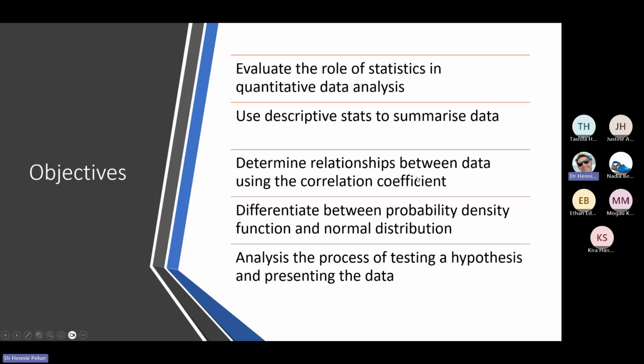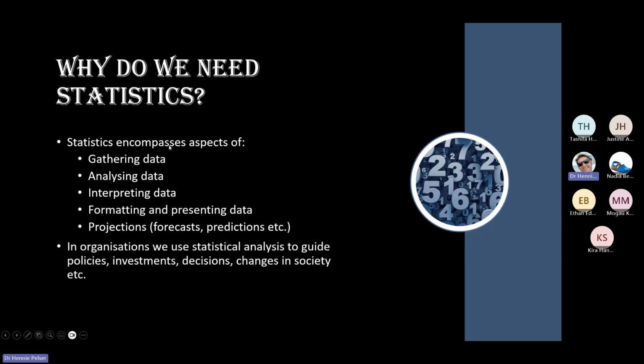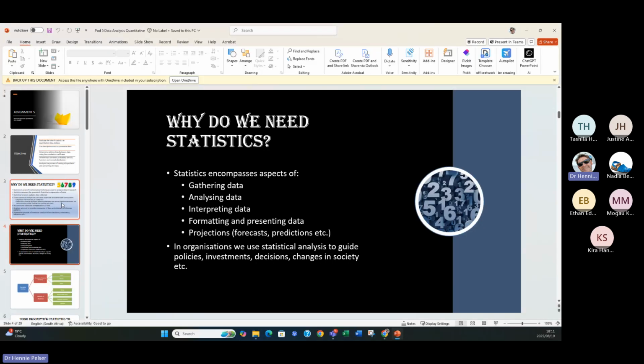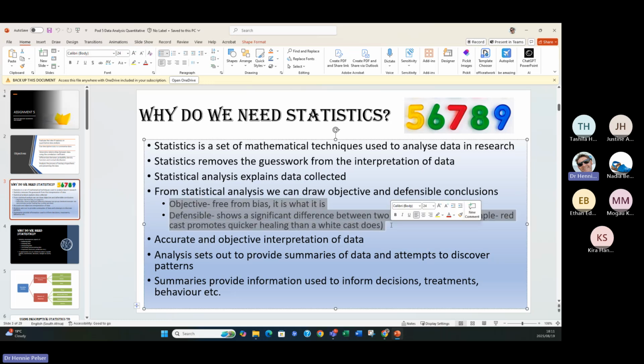The reason we do a statistical analysis is because we want to make sure that we stick to the golden thread as it relates to quantitative research. Part of the golden thread is that you have to be objective.